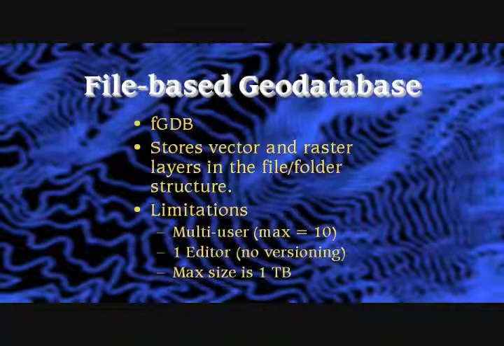File-based GeoDatabase, there's the little acronym lowercase f, uppercase GDB, file-based GeoDatabase. It stores vector and raster layers in the file folder structure. This is one of the exceptions we talked about, and in fact we can leverage the file-based GeoDatabase to create what's called a raster mosaic dataset, and then use that mosaic dataset to serve image services as web services open to everyone.